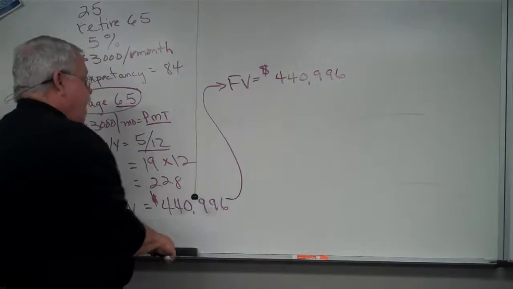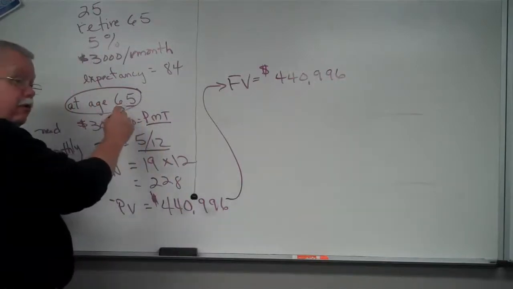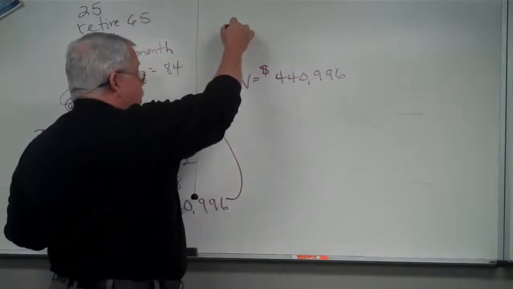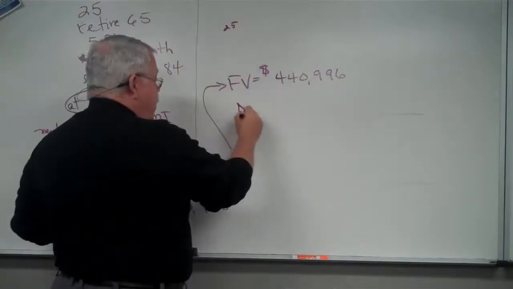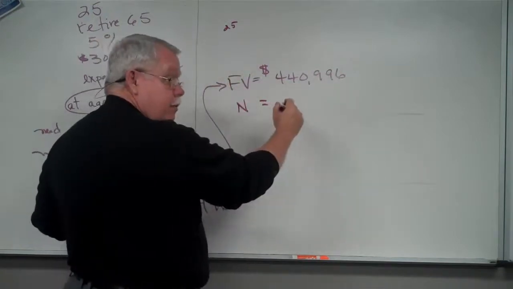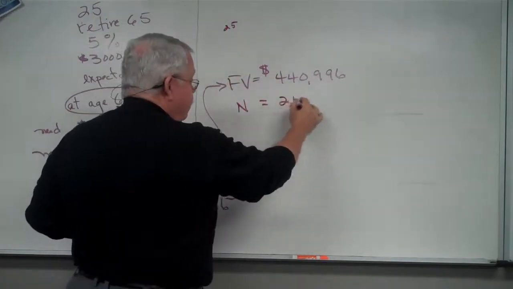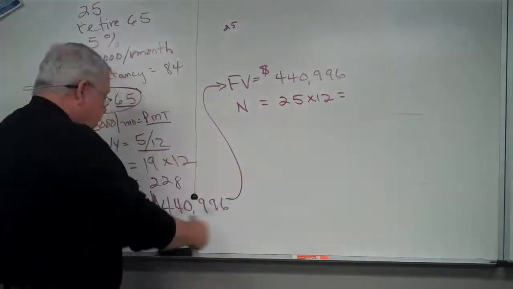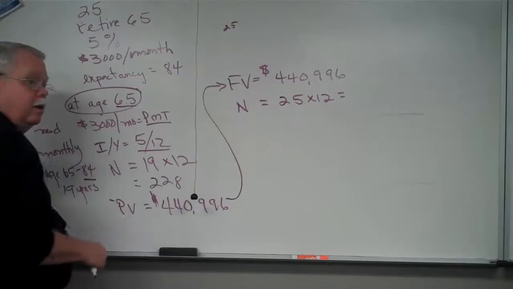Okay. I figured out what I need when I get to be 65. Now I've got to figure out how do I get there, because I'm 25 today. That means how many times can I save? Once a month for 25 years, 12 times a year. That's how many payments I'm going to put in to build up this amount of money.